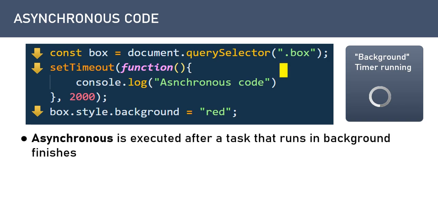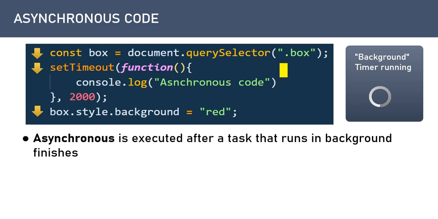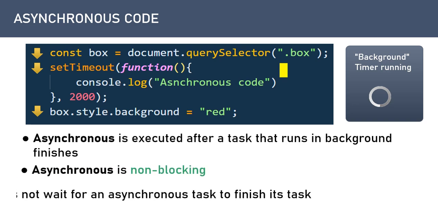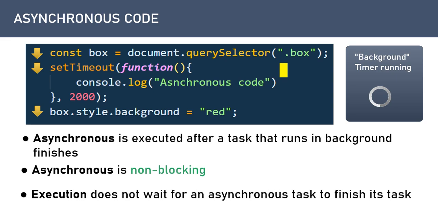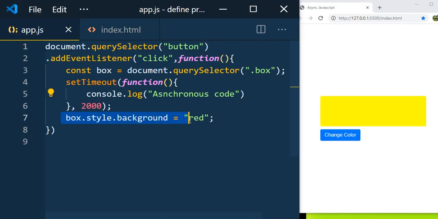So asynchronous code will get executed whenever the background task completes its execution. Asynchronous code is non-blocking, and the execution of code doesn't wait for an asynchronous task to complete. So here the third statement will not wait for the setTimeout to complete, but it executes immediately.